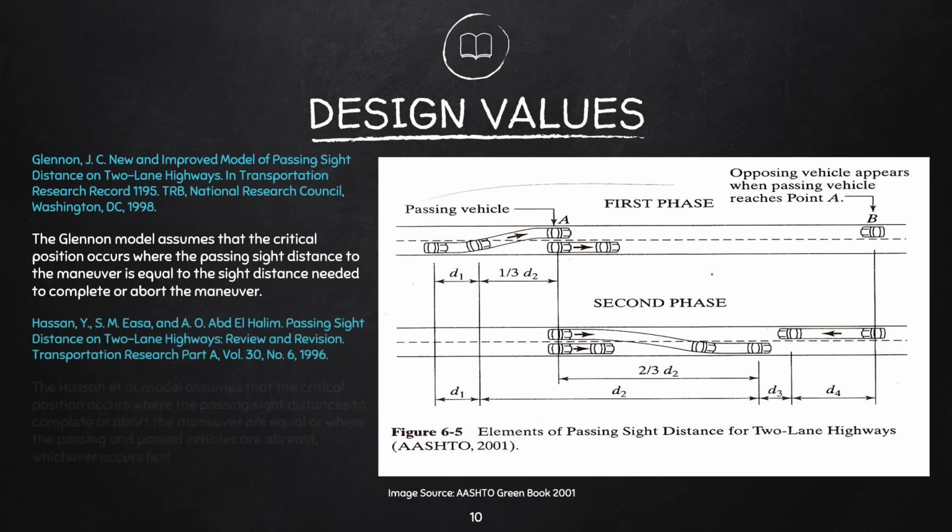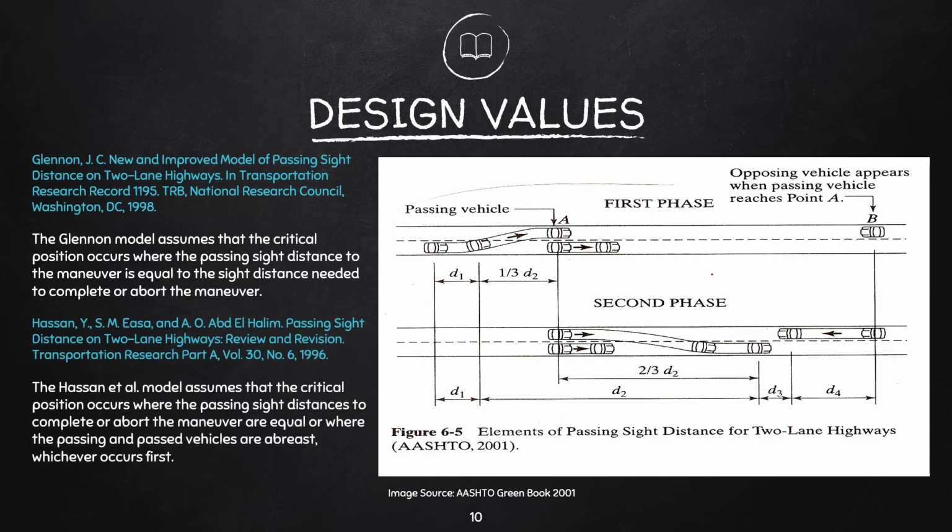Another study is from Hassan and colleagues. The Hassan et al. model assumes that the critical position occurs where the passing sight distances to complete or abort the maneuver are equal, or where the passing and passed vehicles are abreast, whichever occurs first. When we say abreast, meaning the passing vehicle and the passed vehicle are together.